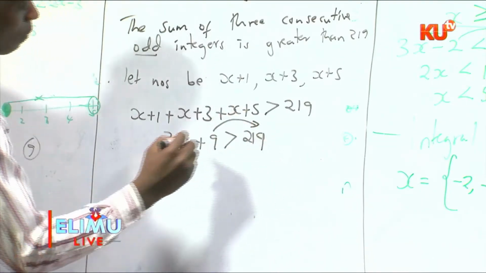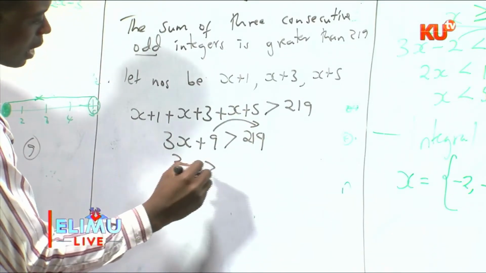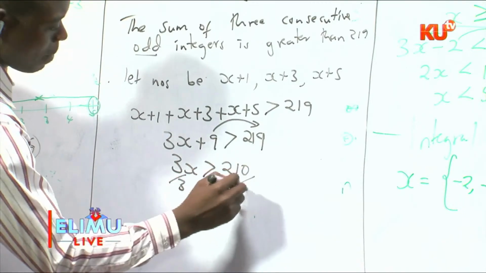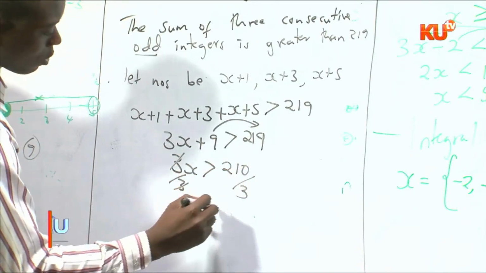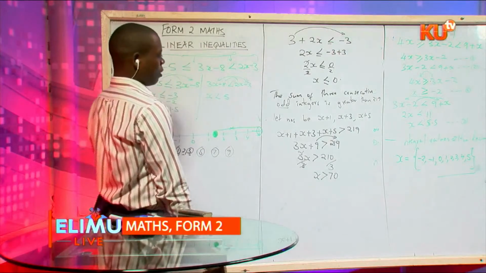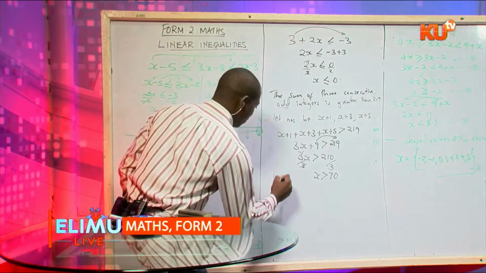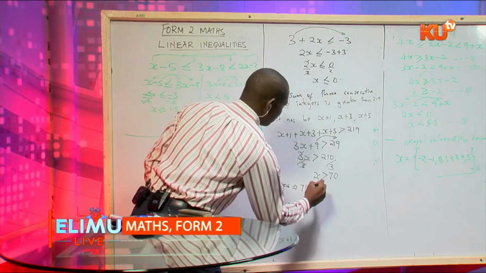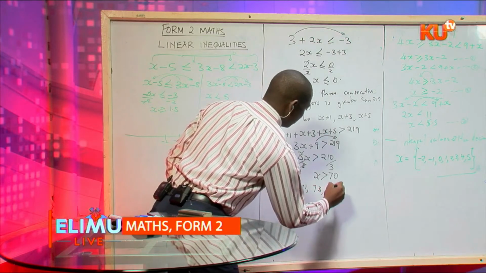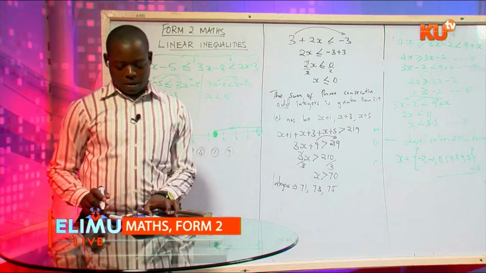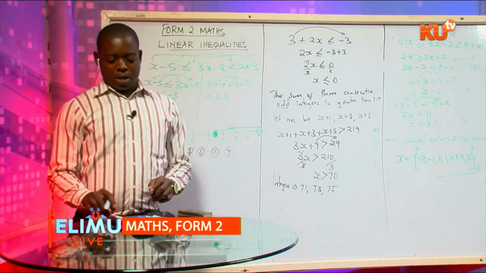Then take 9 to the right side, you have 3x > 210. Divide by 3, so x > 70. Therefore, the odd integers will be 71, 73, and 75. So those are the numbers that you've been asked to determine.